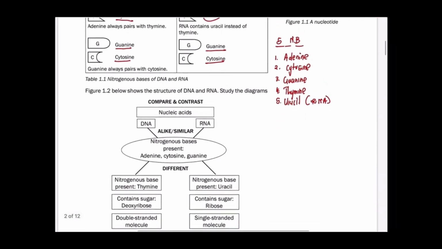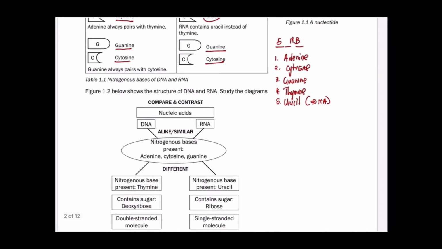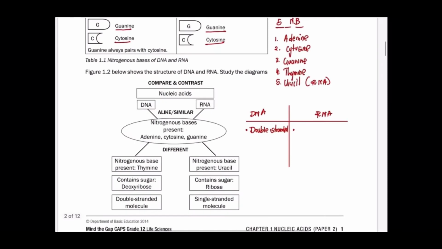There are 3 main differences that you need to know between DNA and RNA. You need to know that the DNA is double-stranded. It means it has two strands. You will see later in the lesson. RNA is single-stranded.